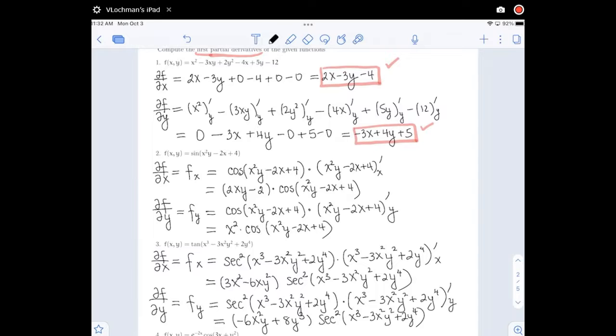Now, we're not going to go through those examples just yet, but let's think about it. Do you think we can extend this to three variables? Right? What if I have a function of x, y, z, and I were to compute a partial with respect to x? What would I be holding constant?